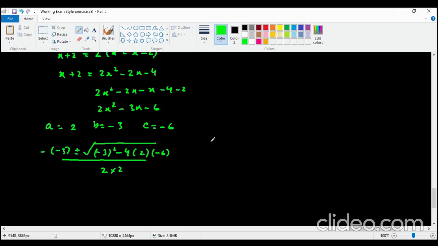This gives us 3 plus minus under root 9 plus 48 over 4. 48 plus 9 is going to give us 57 over 4. These steps are very important to write so that the examiner knows how you got to the answer.